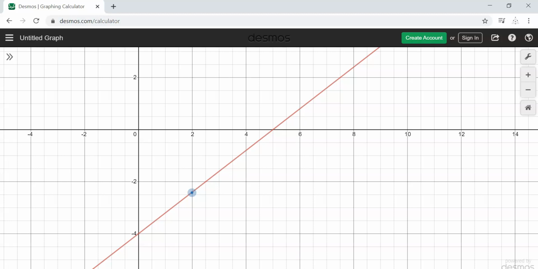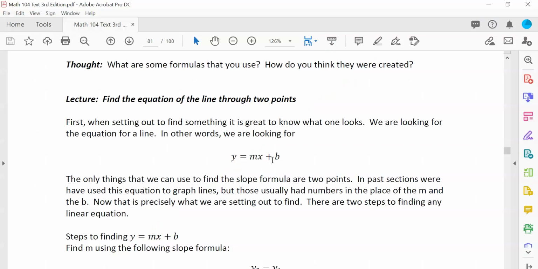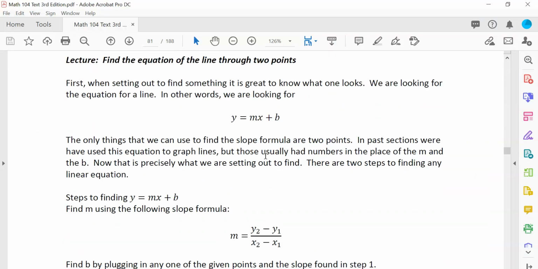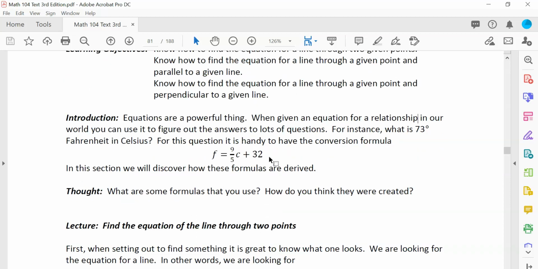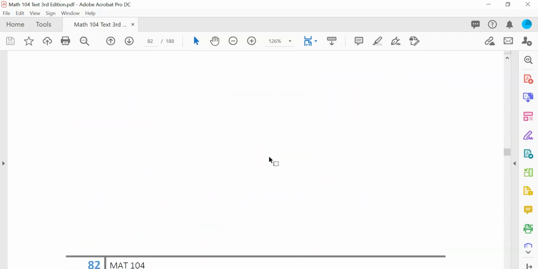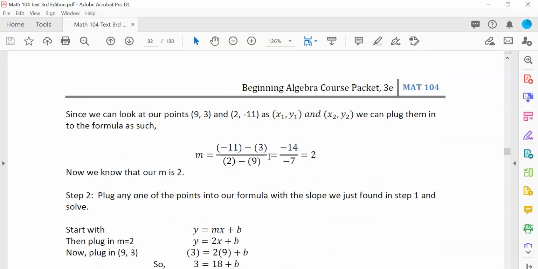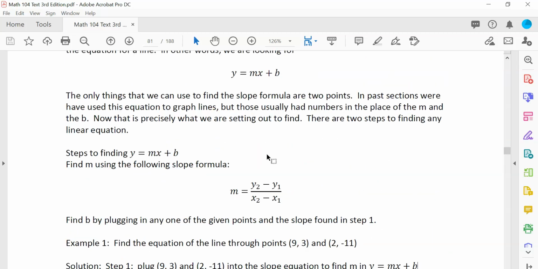All right? And so that takes us to what we call the slope formula. The slope formula looks like this: m equals y2 minus y1 divided by x2 minus x1.